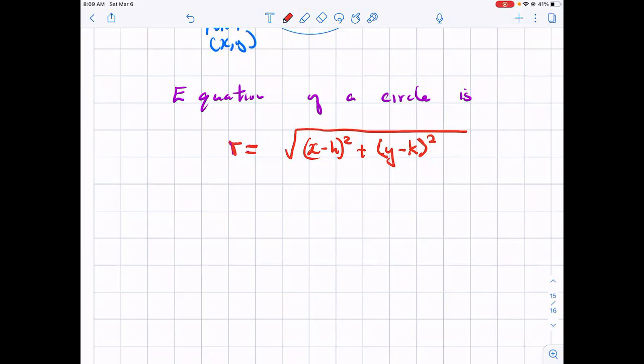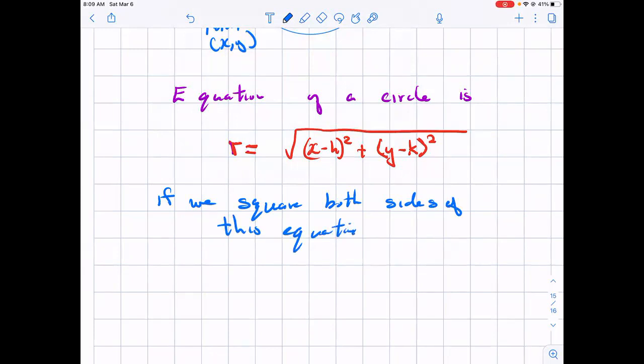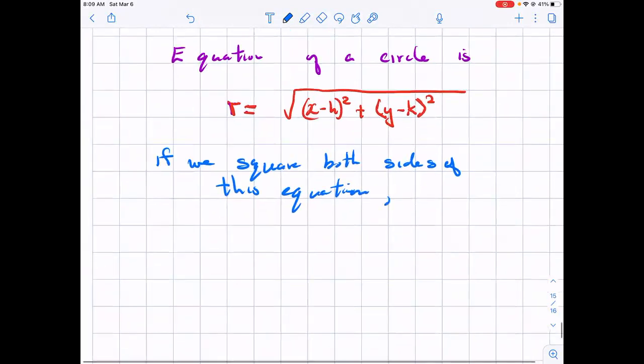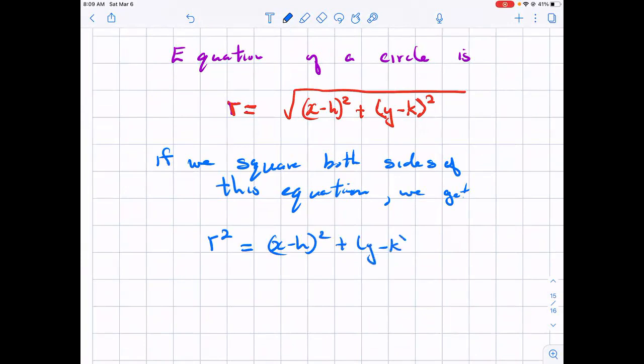But if we square both sides of this equation, we get r squared is equal to x minus h squared plus y minus k squared.